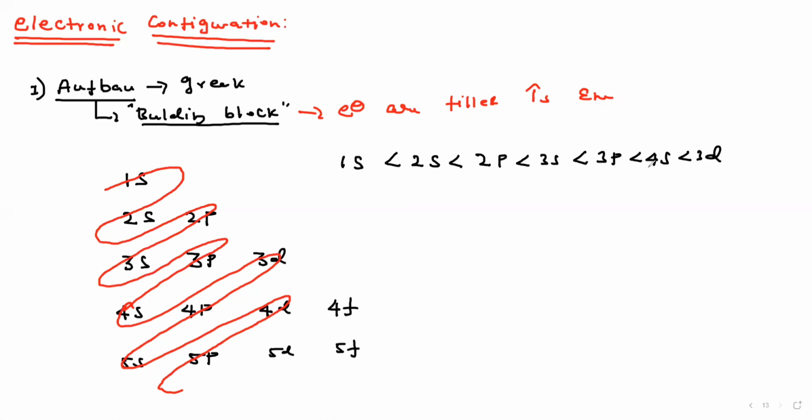Very important for d block elements: 3d, then 4p, and next 5s, then 4d, and so on.